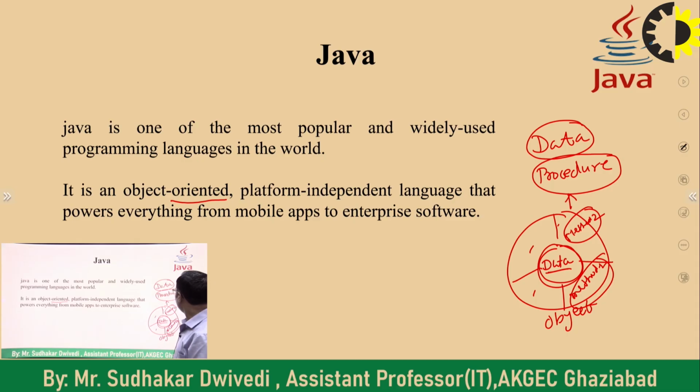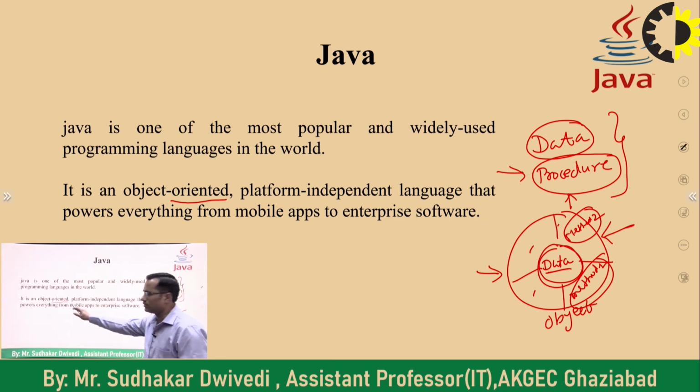But in the procedure-oriented programming approach, data was freely allowed to move. The focus was to develop the procedure, and here we are focusing on securing the data with the help of the object. So an object is a concept that encapsulates the data and the associated methods into a single unit.